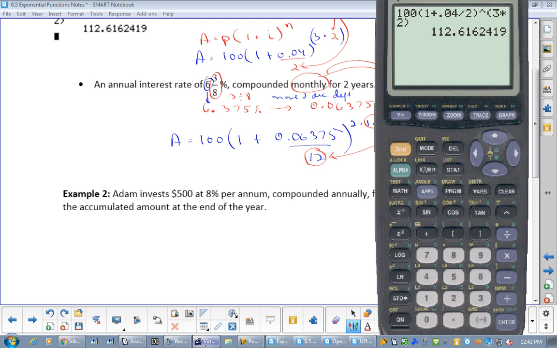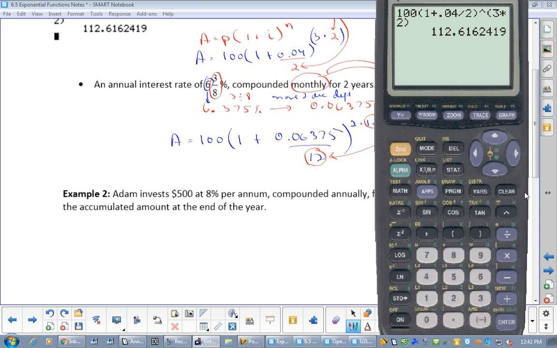Now, okay, we are going to go 100 bracket 1 plus 0.06375 divided by 12 exponent. Oh, but what happened?